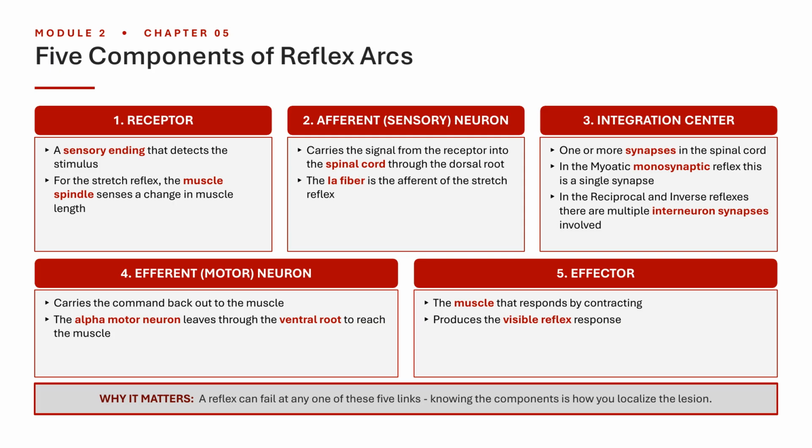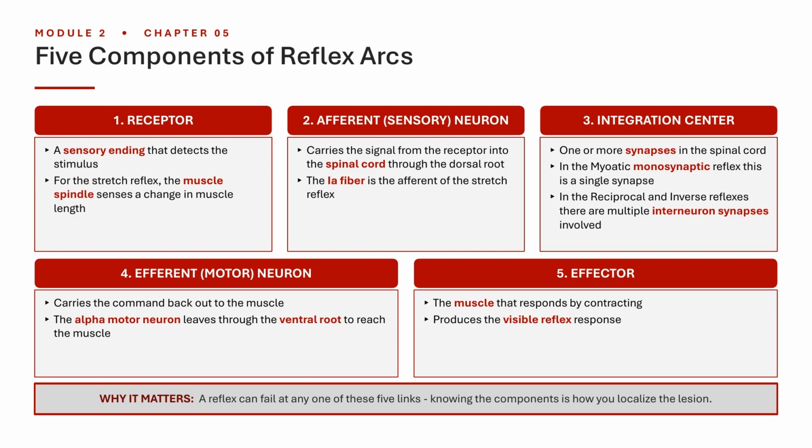3. The integration center, where the signal is processed in the CNS. In the monosynaptic stretch reflex, this is a single synapse in the ventral horn. In the reciprocal inhibition and inverse myotatic reflexes, there are additional interneurons, making those polysynaptic. 4. The efferent, or motor neuron, carries the command back out to the muscle.